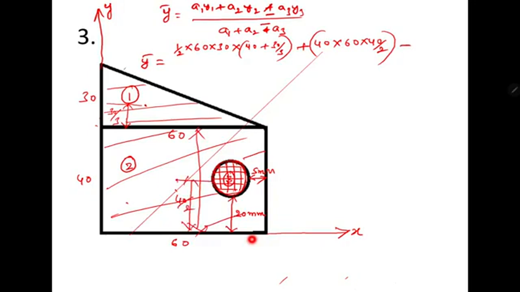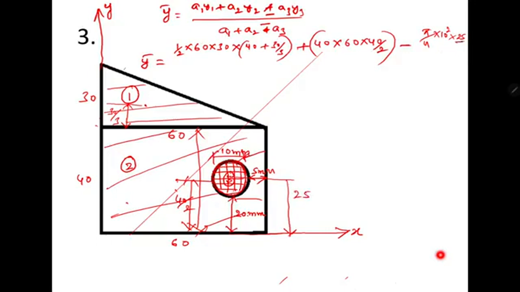Next, minus pi by 4 into 10 square. See, for the circle, I am writing the area of the circle into the distance from the x-axis to the center of this. This distance they have given, it is 20 mm. The total diameter of this circular hole is 10 millimeter. So from here to here it is 25 millimeter.